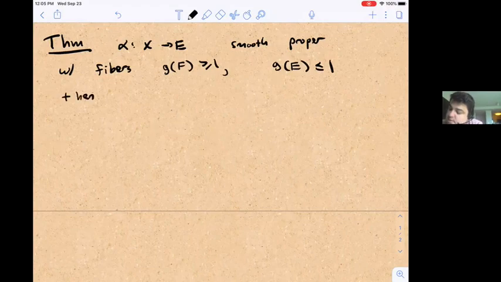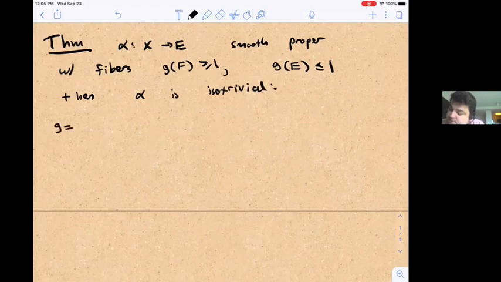Then maybe I'll summarize it as alpha is isotrivial, but for our purposes, this will mean slightly different things depending on what the genus of the fibers are.